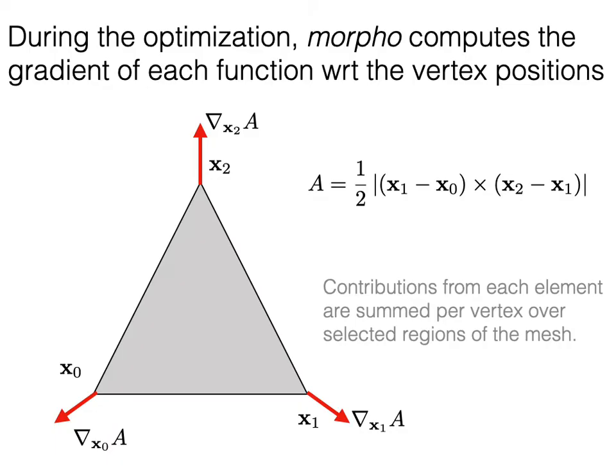So if we were to walk in the direction of any of these, you can see all of them are trying to enlarge the triangle. This is just for one triangle, and of course if we sum these over the entire mesh or over selected regions, that's what gives us the gradient of the functional with respect to all of the vertex positions together.